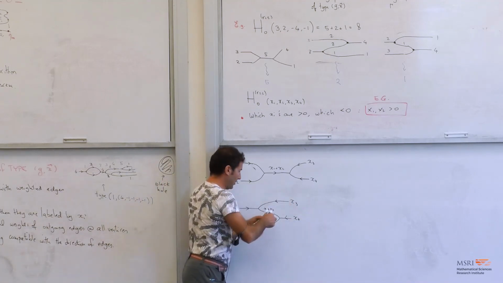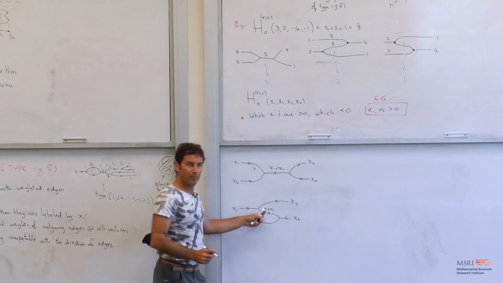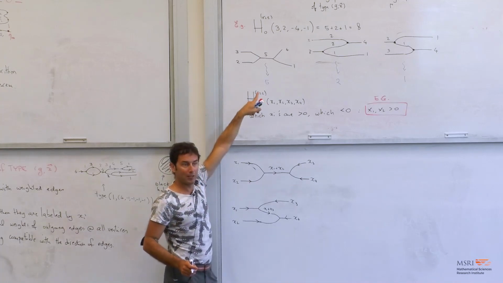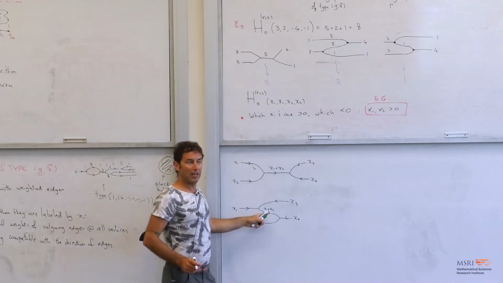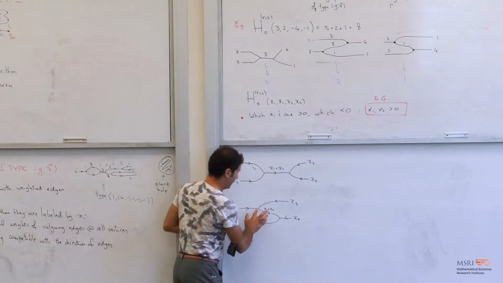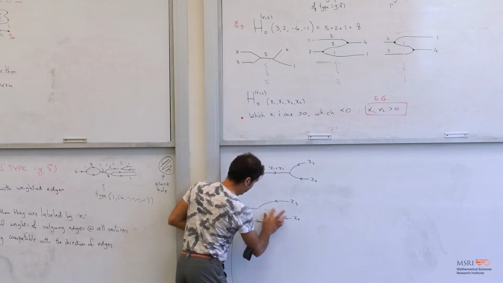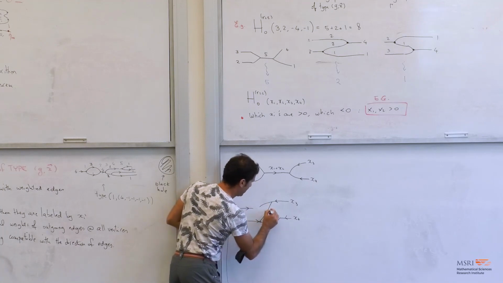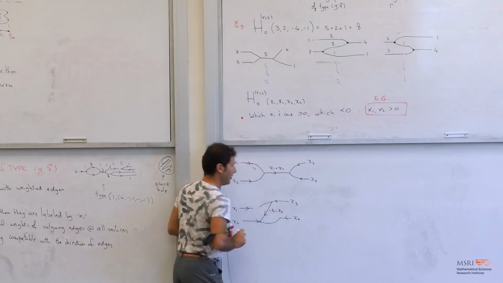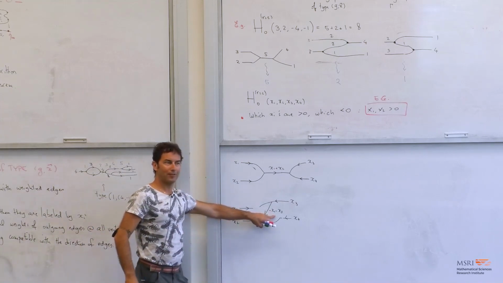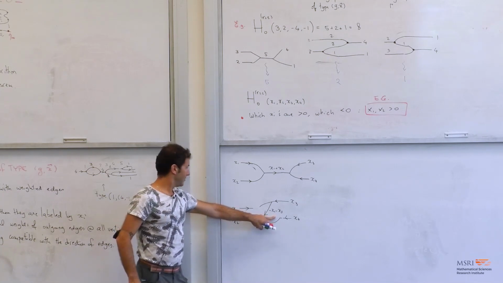So what I should have going out in this way should be x1 plus x3. But if we look at that example and I say, well, your x1 was 3, your x3 was minus 4, this would become minus 1, which is really not a legit graph, right? Which means that really the correct weight is minus x1 minus x3 for this graph.